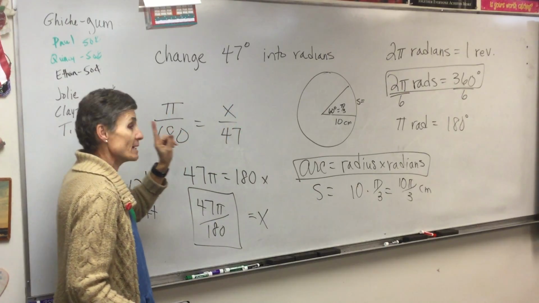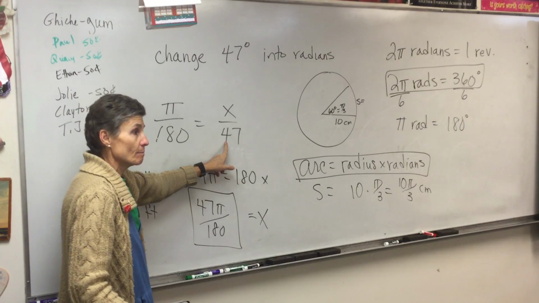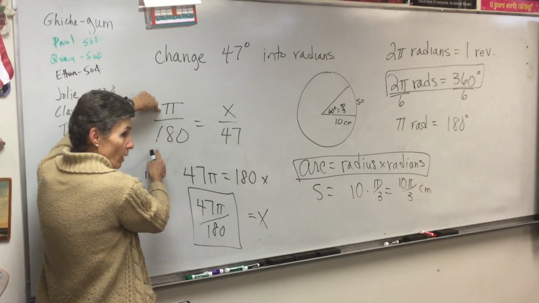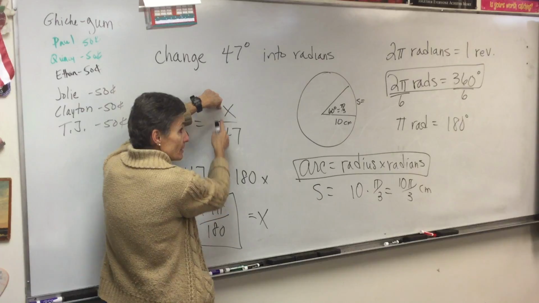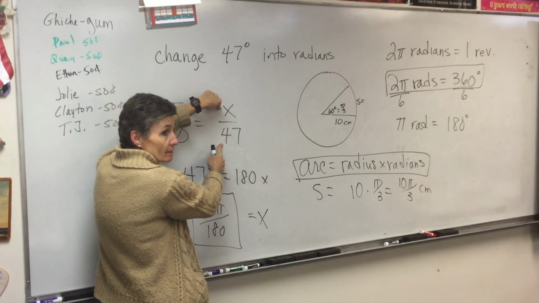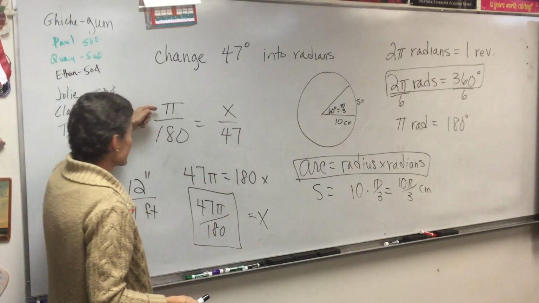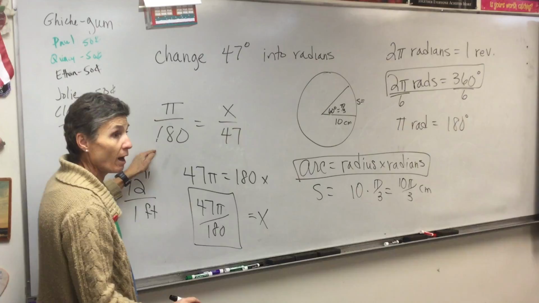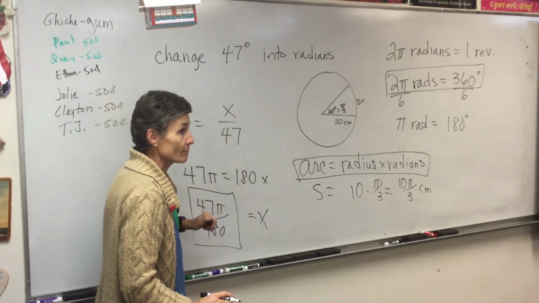Now, does everybody understand why I put the 47 in the denominator? Because it's a degree. If you're going to say pi over 180, then this side has to be radian over degree, right? Now, somebody else might say 180 over pi. That's fine. If you do 180 over pi, then you'll have to do degree over radian, right?